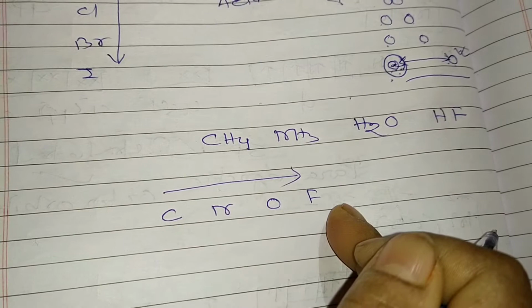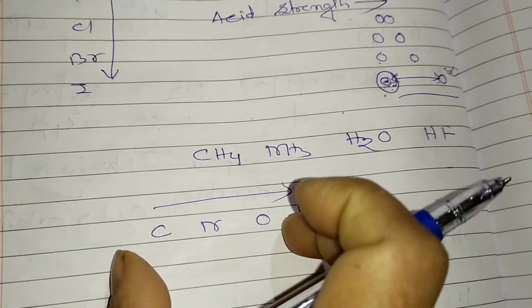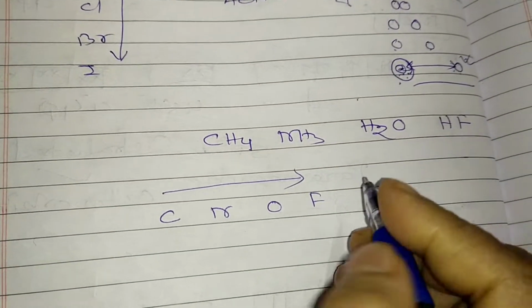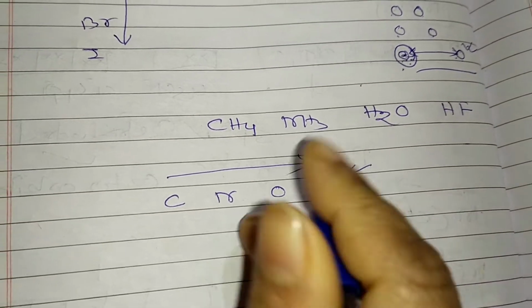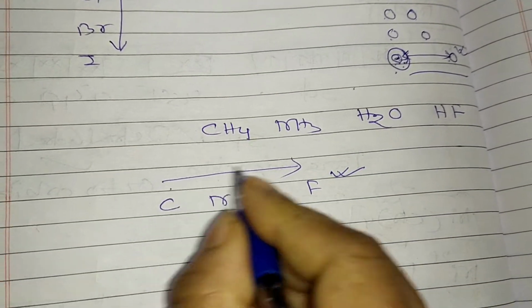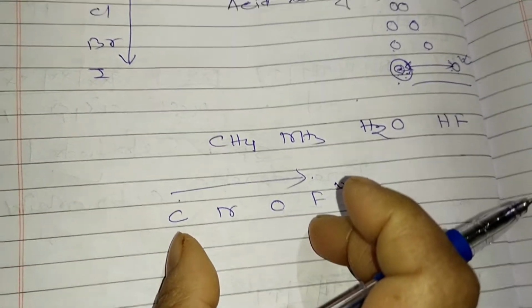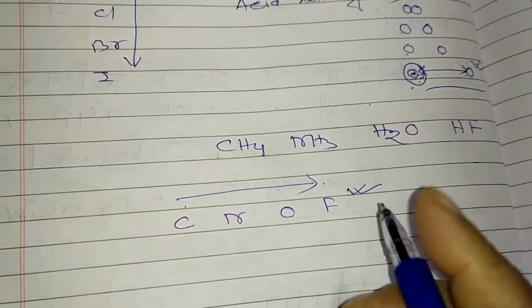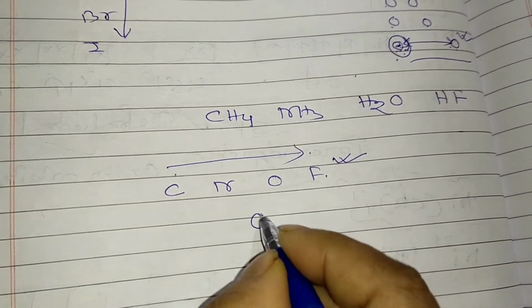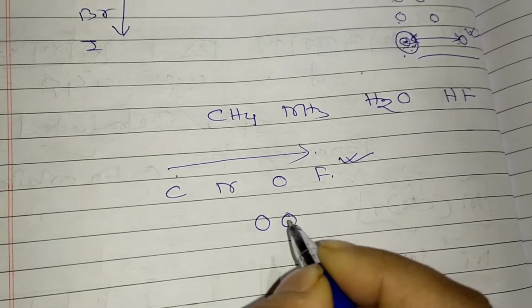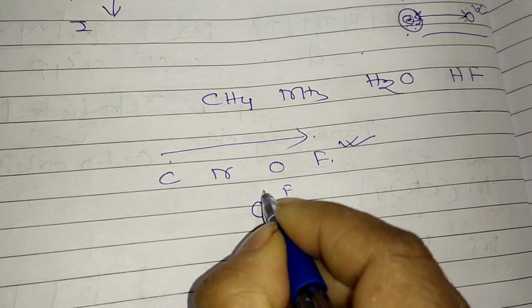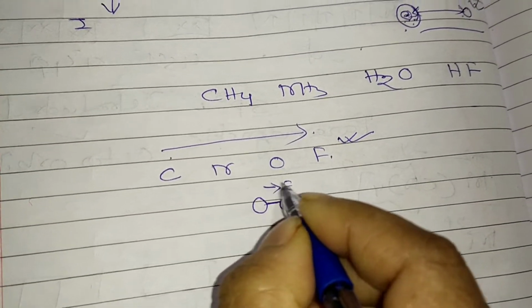When we go from left to right in a period, what is happening? The electronegativity is increasing. So when electronegativity is increasing, in hydrogen fluoride, the fluorine will be attracting the electrons of the bond towards it.